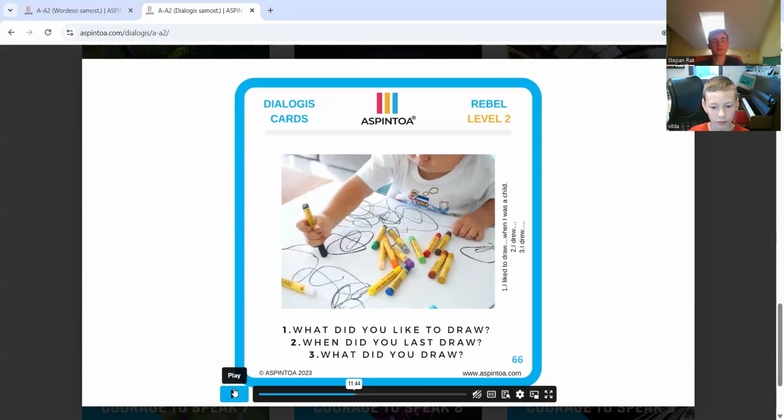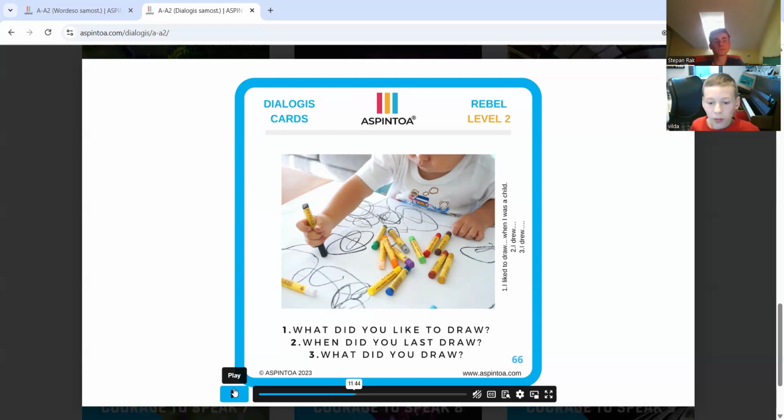And you can go. What did you like to draw? I always like to draw like a nice grass field with maybe a tree in the middle and then the sun poking out from the corner of the paper. When did you last draw? Probably last Wednesday when we had art.